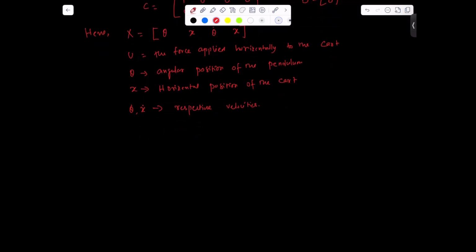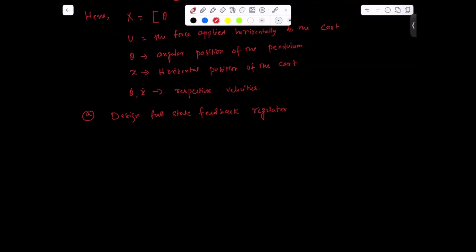The first question is to design a full state feedback regulator.